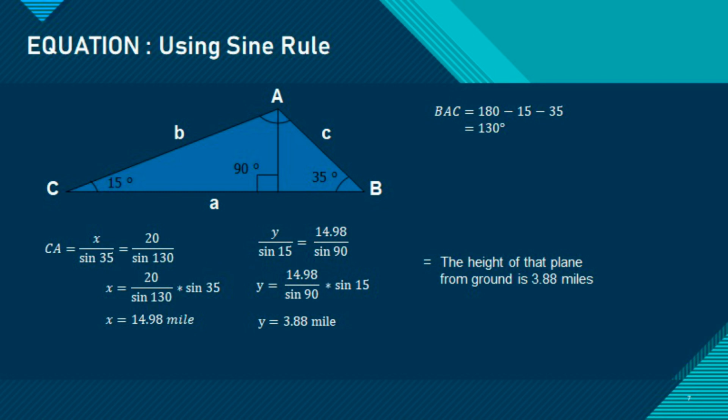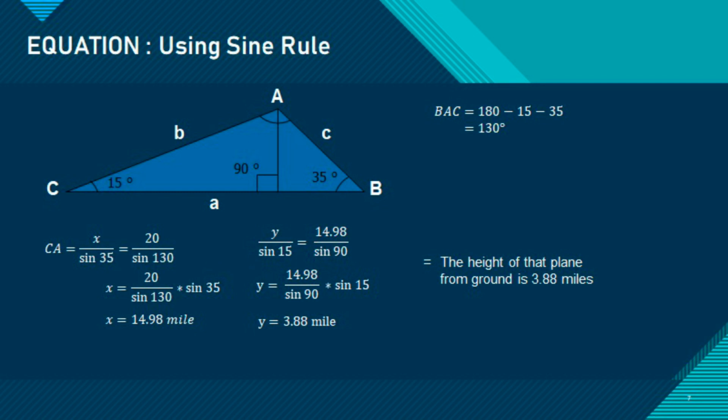As we know, the total of a triangle is 180 degrees, so I subtract the angle of C and the angle of D, and we get 130 degrees.